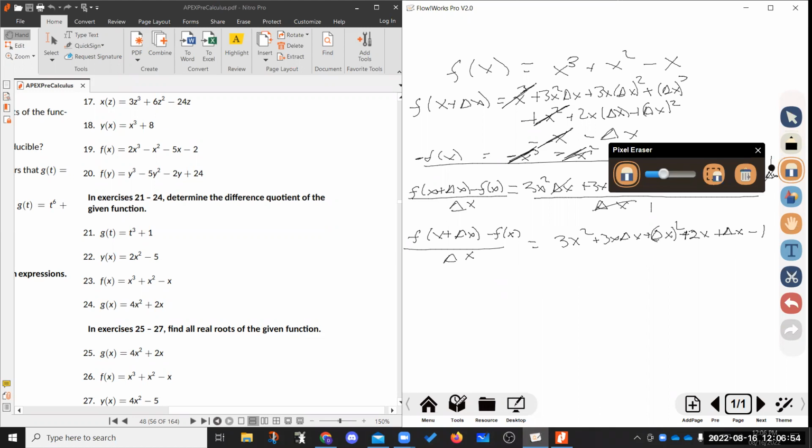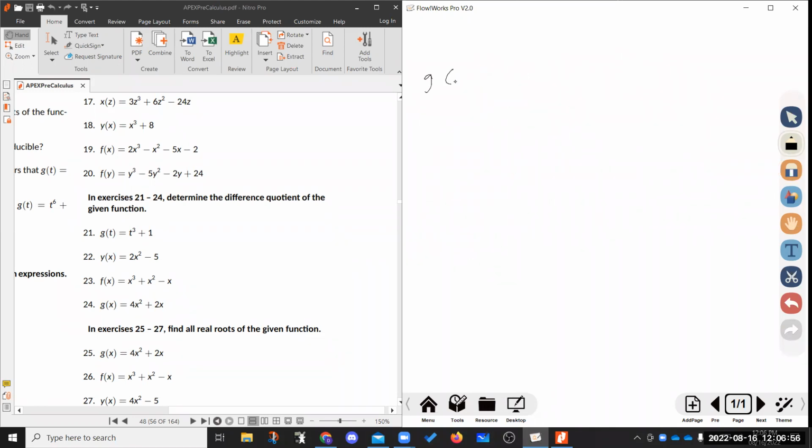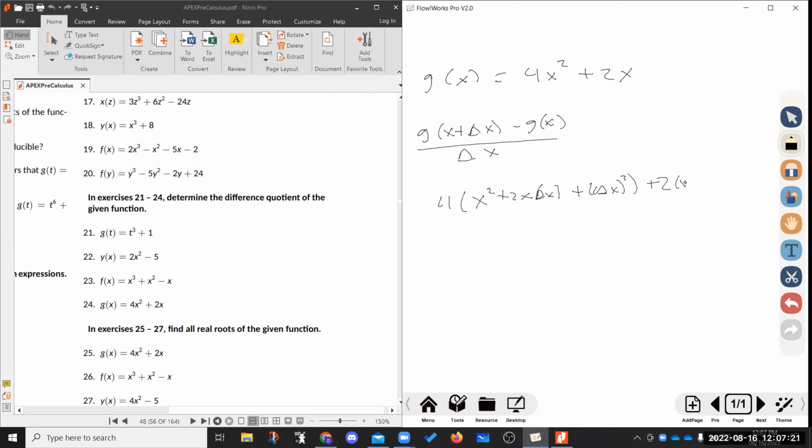Number 24 is going to be g of x is equal to 4x squared plus 2x. So we're going to find g of x plus delta x minus g of x divided by delta x. It's going to give us 4 times x squared plus 2x delta x plus delta x squared, plus 2x plus delta x, minus 4x squared minus 2x, all over delta x.